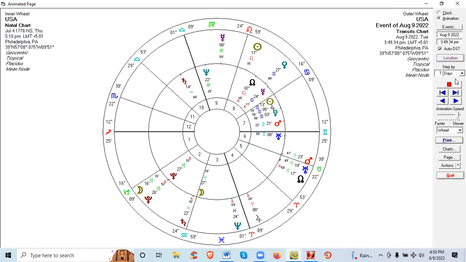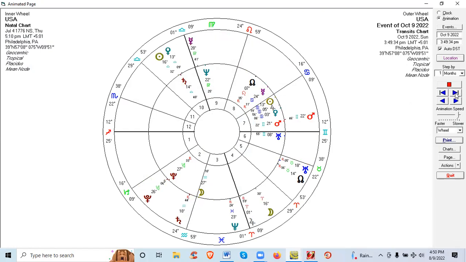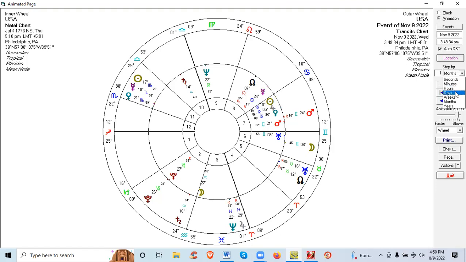Let's go by month. Let's move it to the day of the election, November 8th. I'm going to leave it right there for now. You can see it says up in the upper right, events of November 8th, 2022. If you do not see that, let me know and I will redo my screen.